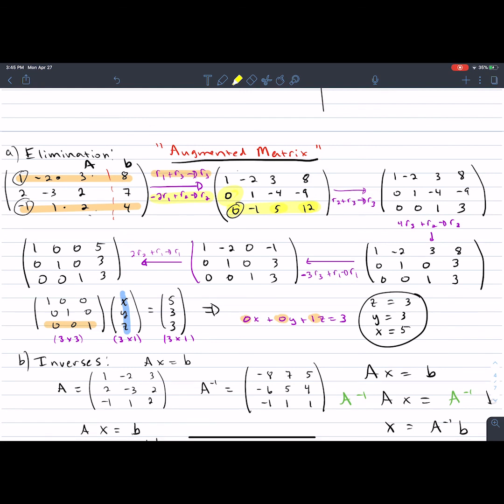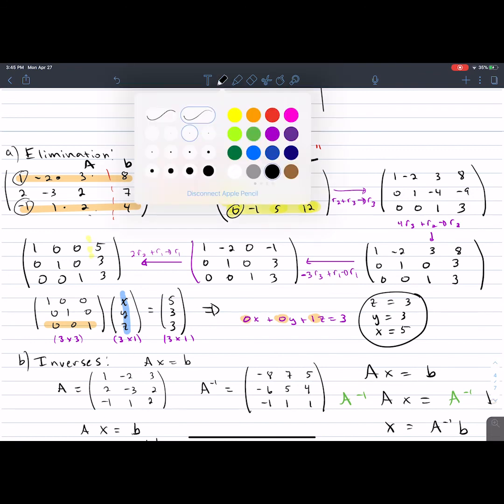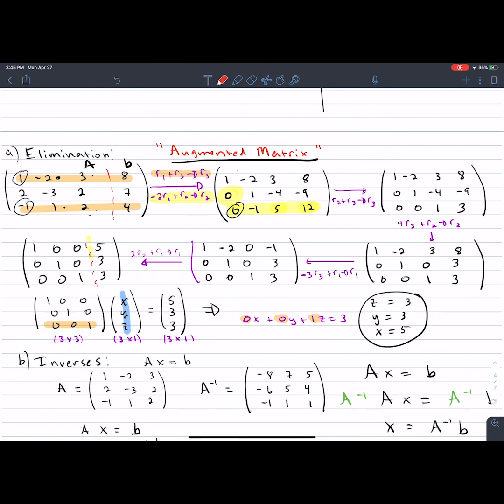And you can see I go across, I go down, I go left, and I go left. And if you want to see my augmented matrix, I'm going to rewrite it without it being augmented. It's your identity matrix times your XYZ, your unknown, equals 5, 3, 3.